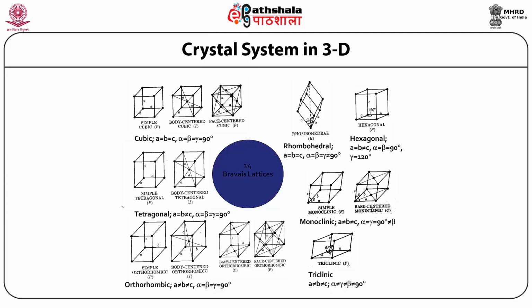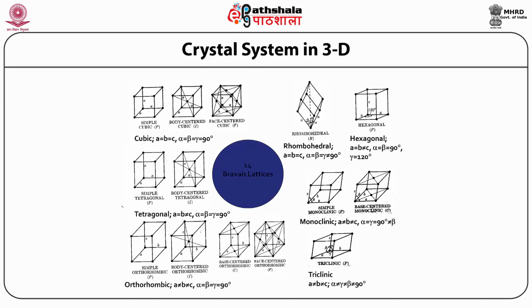As shown in the figure, a cubic lattice system has all the sides equal, that is A equal to B equal to C, and all the angles, that is alpha, beta and gamma, equal to 90 degrees. And it exists in simple cubic, body-centered and face-centered structures.